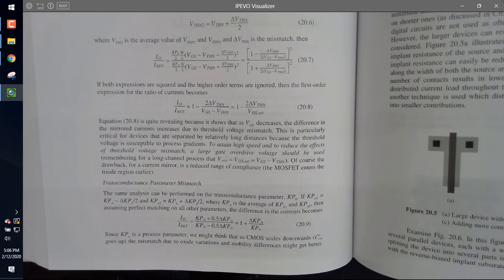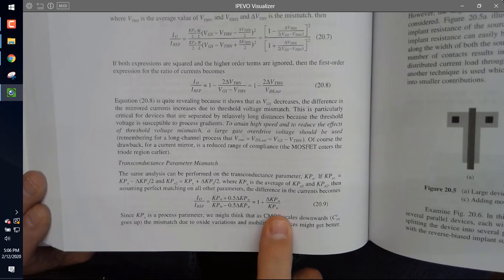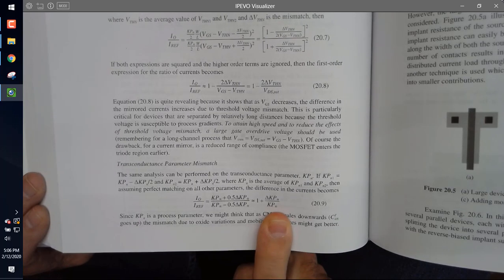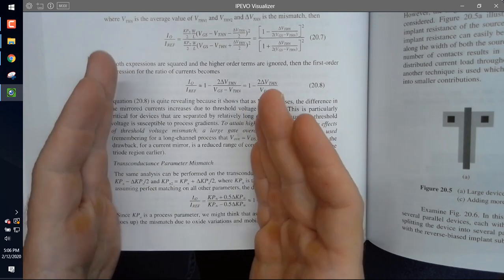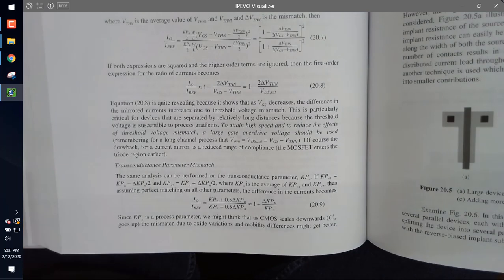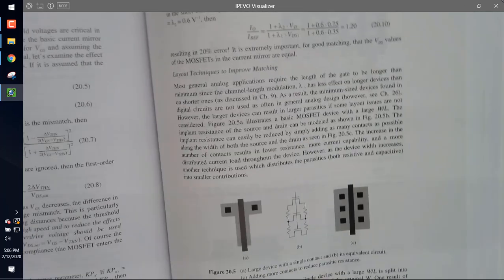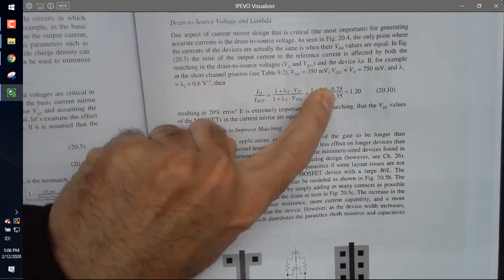Okay, then the transconductance parameter. For these mismatches, the process has to be tightened up, and you can do devices where you spread them apart to try to average the variations in the transconductance parameter. And here, probably the most important one, 20% error with just a change in the VDSs.